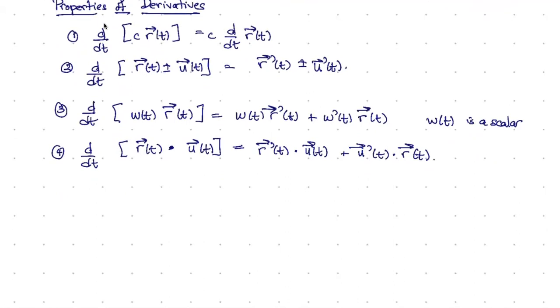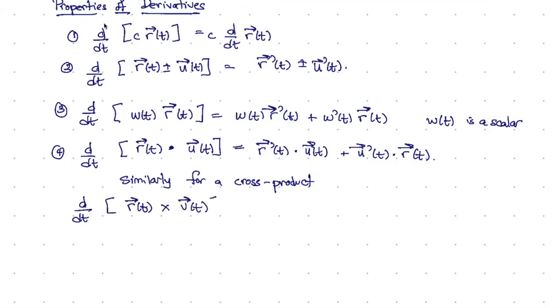The same would hold for a cross product. So if you would do d dt of r of t cross u of t, you would end up with r prime of t cross u of t plus r of t cross u prime of t.